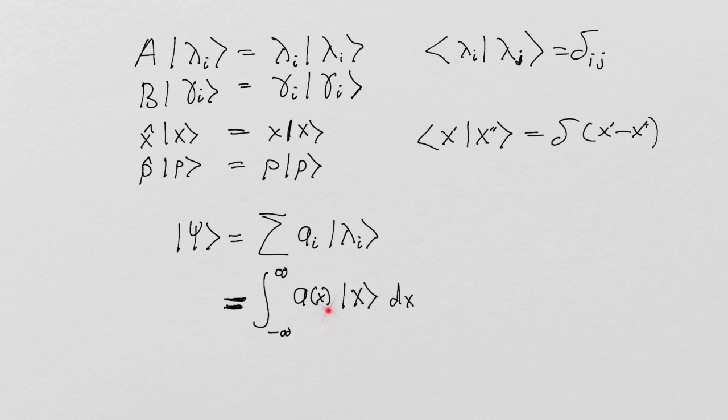I have to turn it into a function of x. So the component of the eigenket at position x has to be some function of x. So I know what to put here, right? So right away we have something that is a function of x inside the definition of the decomposition of psi.